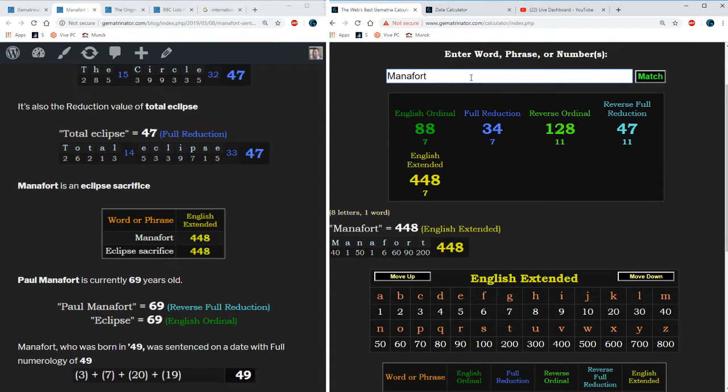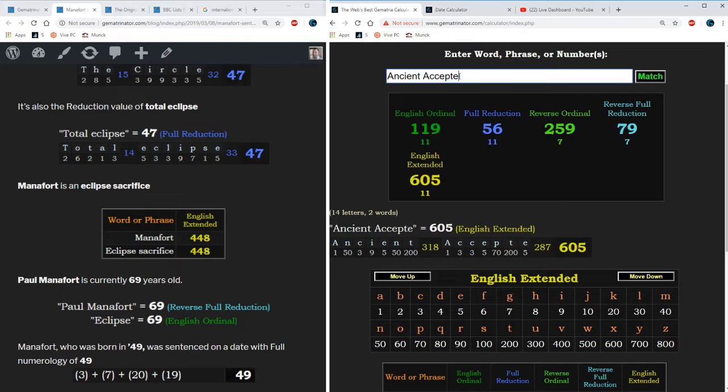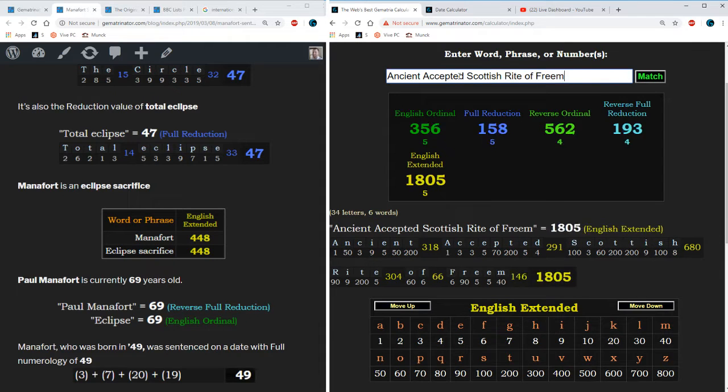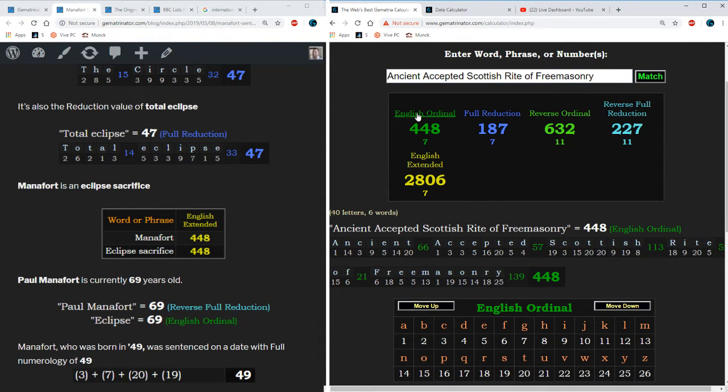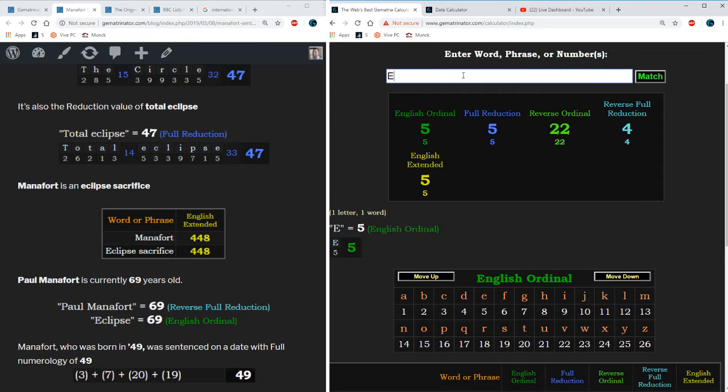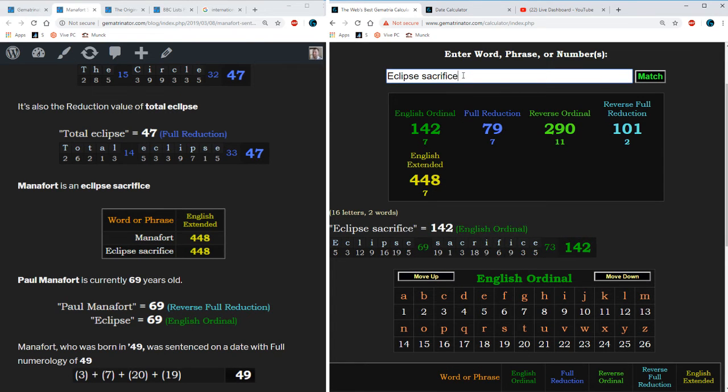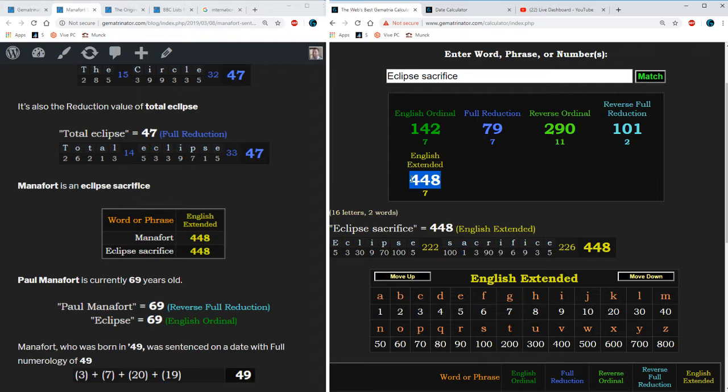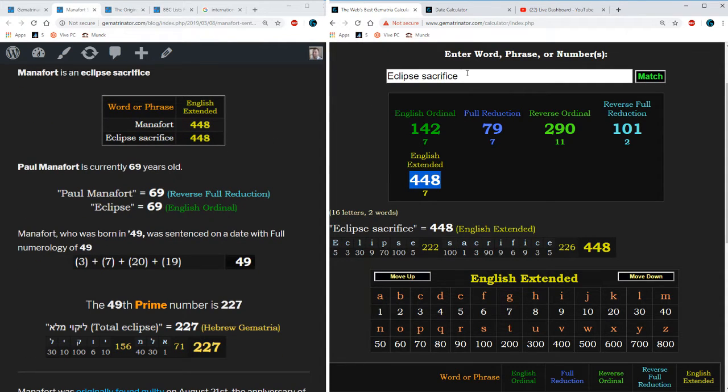In this cipher, check out how Manafort sums to 448. This is the gematria of Ancient Accepted Scottish Rite of Freemasonry using the alphabetic order, 448. It's also the extended value of eclipse sacrifice, 448. And that's what Manafort is playing here in this news story.